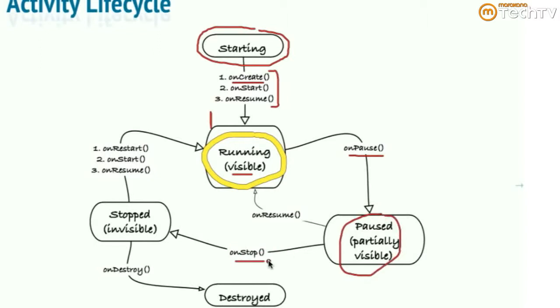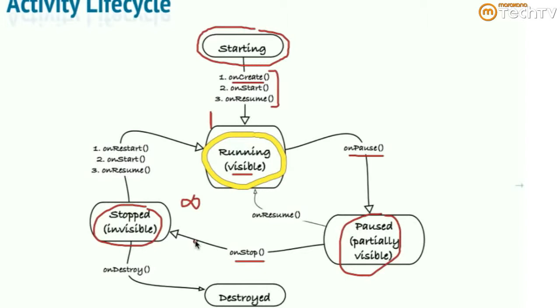Then it's going to get through on stop, and very quickly it's going to end up in a stop state. Okay? You can have many different activities in a stop state, right? You can think of them as basically a cache. They're just basically a bunch of activities sitting right now, right there in your phone, in a quote-unquote background. So they're not visible, but they're live in memory.